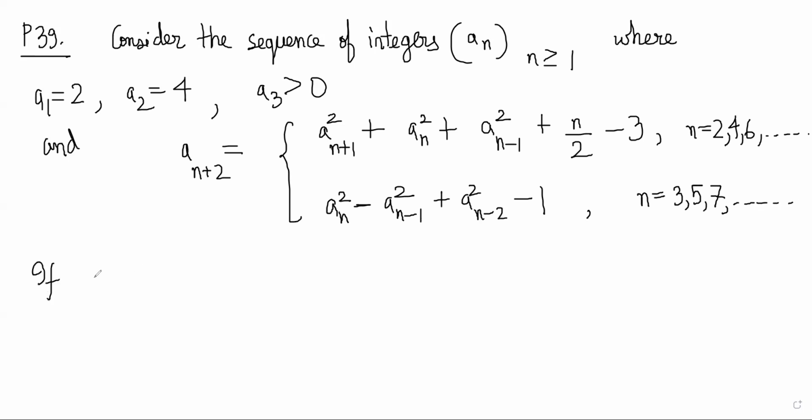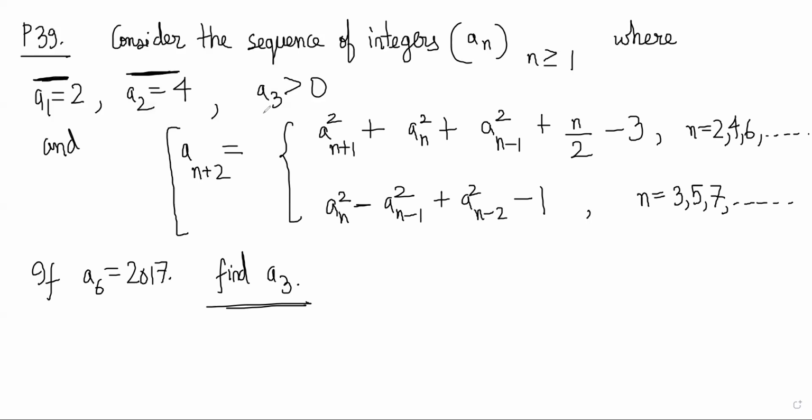Now they're saying if a6 is 2017, you have to find a3. Think about it. There is a rule that is given to find out a of n plus 2, right? And the data that you have been given is a1 is equal to 2, a2 is equal to 4, a3 is positive, and a6 is 2017.